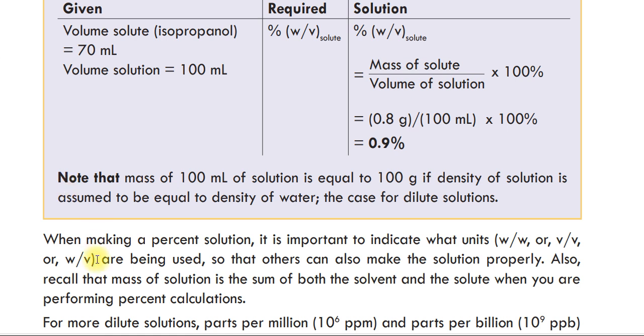Okay, when making a percent solution it's important to indicate what unit, weight or mass or volume or weight volume, are being used so that others can also make the solution properly. Also recall that mass of the solution is the sum of both the solvent and the solute when you are performing percent calculation.